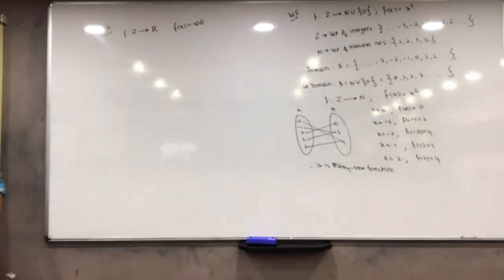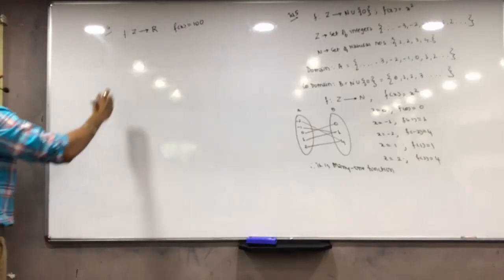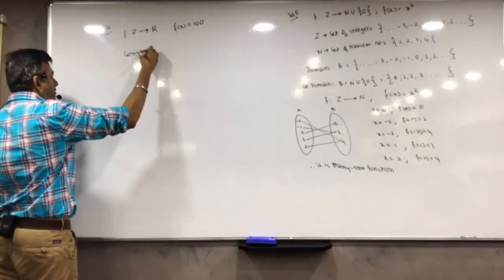So for any value of x, it's going to remain the same. So what type of function? It is a constant function.